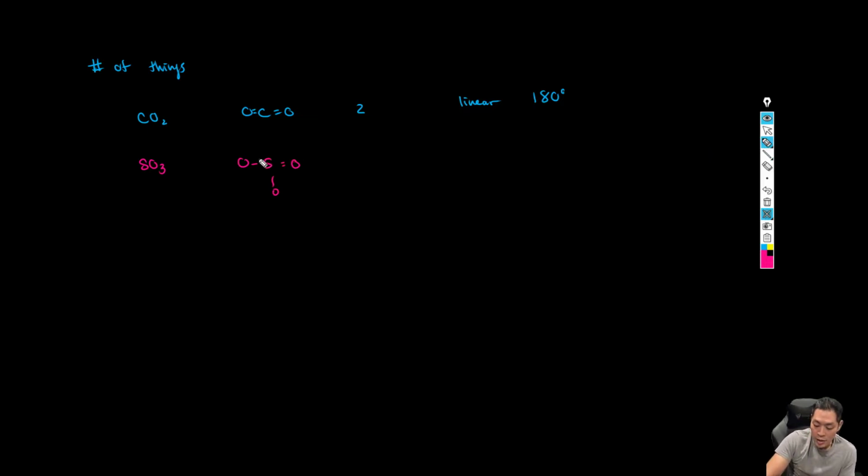You have here no lone pairs because 1, 2, 3, 4, 5, 6, 7, 8. 8 things are around sulfur. We have 3 things around it. So it's going to be trigonal. Oh, can't spell. Trigonal planar. And because of that, it's going to be 120 degrees.